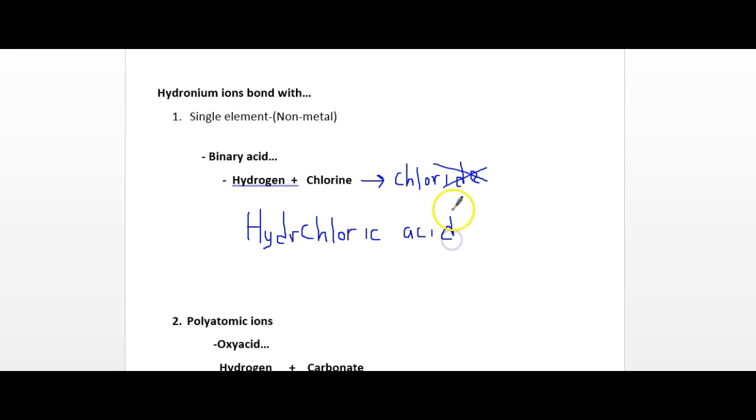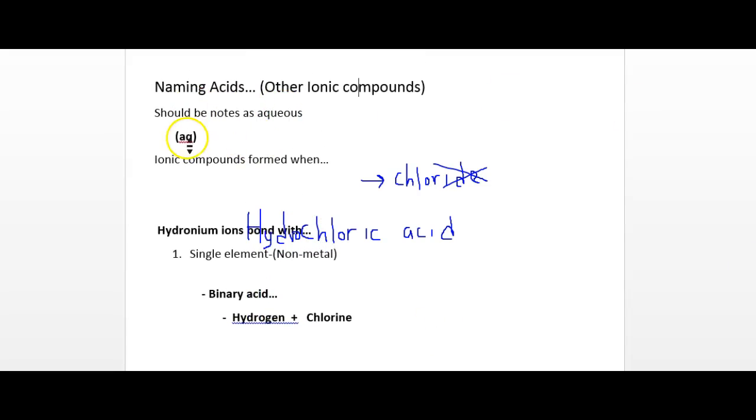Now how you know the difference, whether it's an ionic compound like hydrogen chloride or hydrochloric acid, is by this little term we had up here, and I'm going to move this up so it doesn't mess up your notes, this AQ, aqueous, and that means the substance is in water.